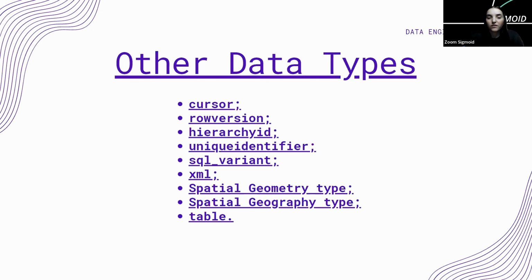Here we have cursor, rowversion, hierarchyid, uniqueidentifier, sql_variant, XML, spatial geometry type, spatial geography type, and table. I won't mention what they do, I just present to you what special data types we have in Microsoft SQL Server. In case you'll be interested, maybe you'll inform yourself about them.